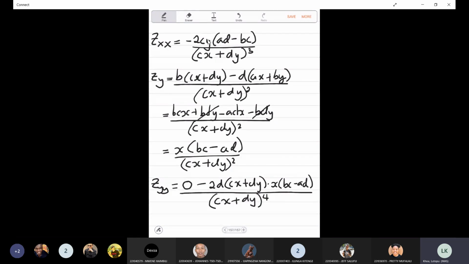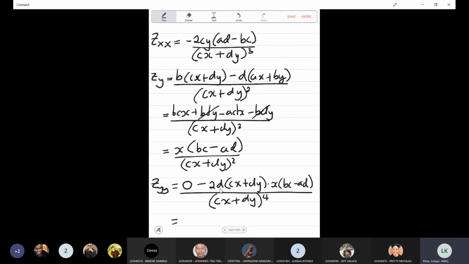To the power of 4. Okay, so again, we can see that we have CX plus DY here. This can cancel with one of those. We'll be left with (CX plus DY) to the power of 3 in the denominator.